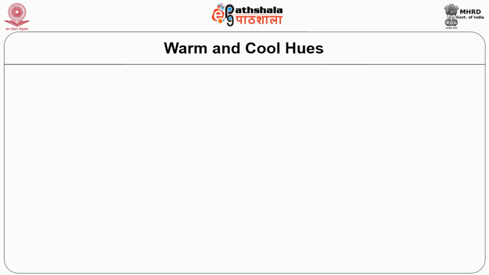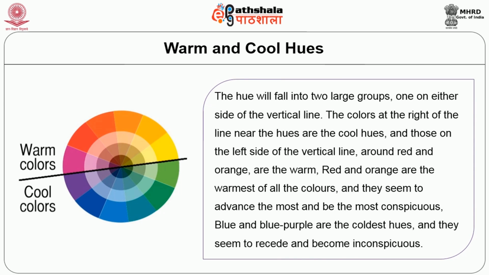Next, see the warm and cool hues. The hues fall into two large groups, one on either side of the vertical line. The colors at the right of the line near the blues are the cool hues, and those on the left side of the vertical line around red and orange are the warm. Red and orange are the warmest of all the colors, and they seem to advance the most and be the most conspicuous.